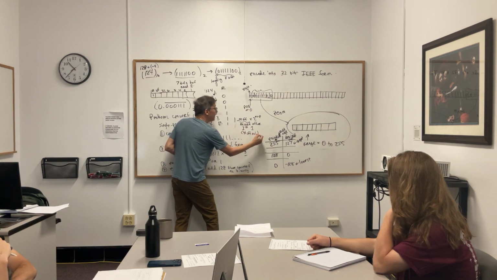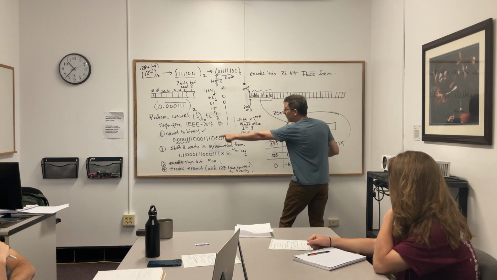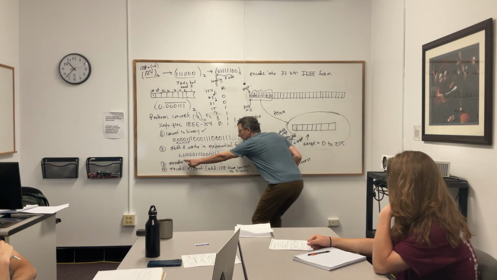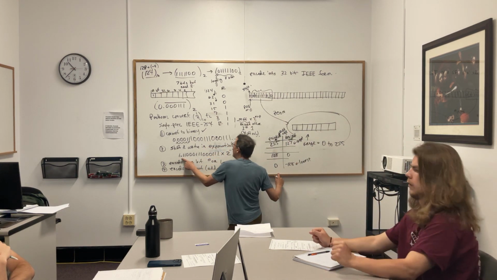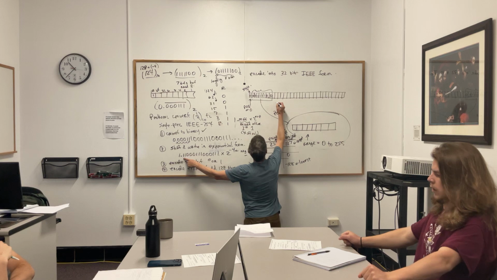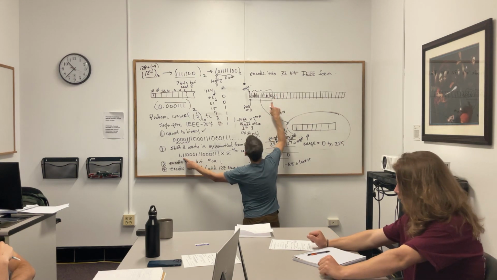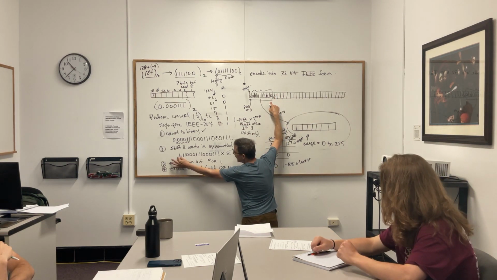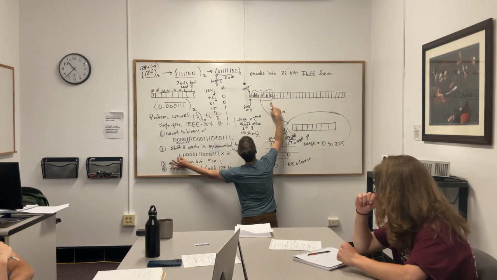Here, let's go back to our number. Let's see, where do we go? Here he is. This shouldn't be too hard. So I'm going to encode 1, 1, knowing that I've got this unspoken 1 point in front of it.